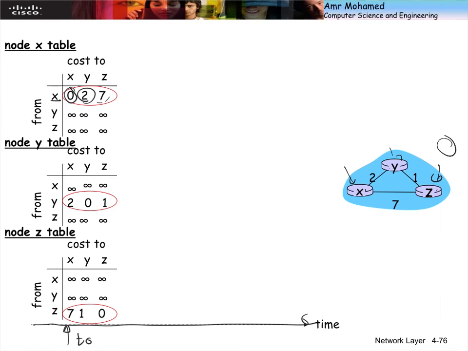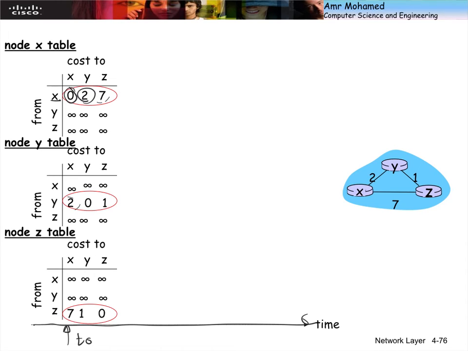طبعا if there is a node here, مثلا, let's say w, and I don't have a direct connection to it, what would be the cost from x to w? Infinite. بالضبط. Okay, طيب.